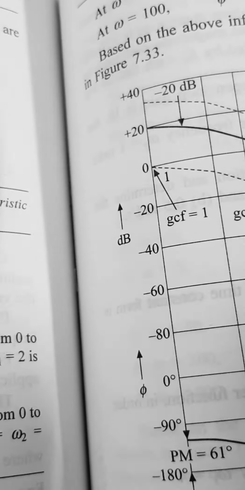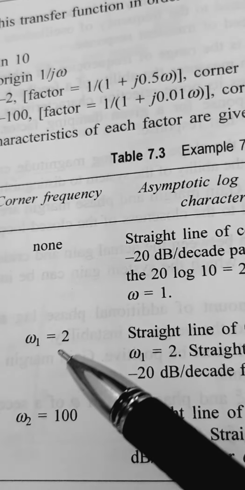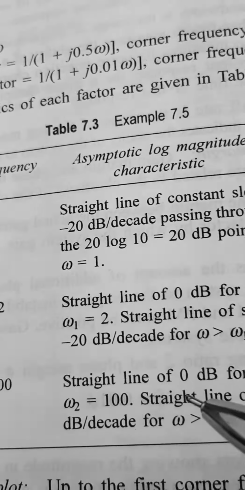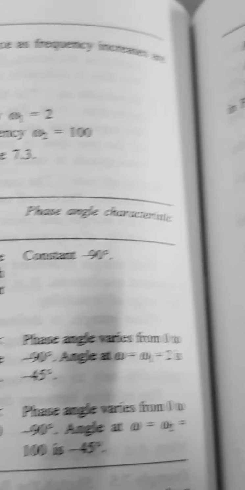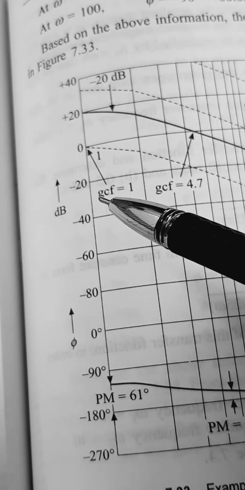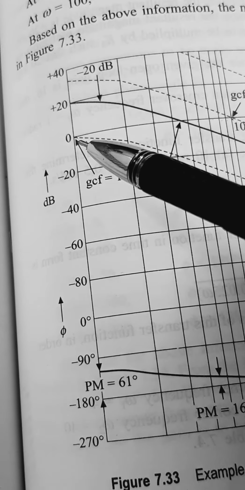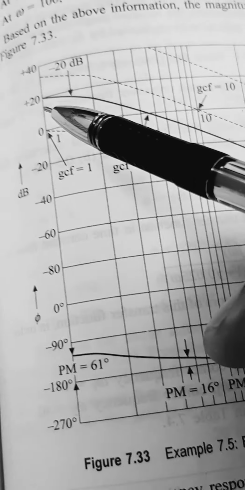At omega is equal to 1, you got a plus 20 dB.